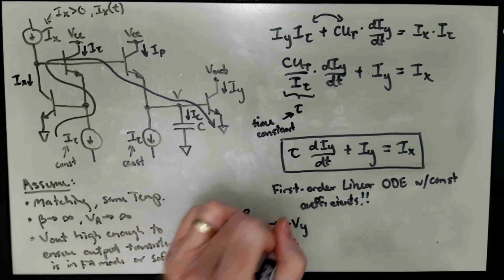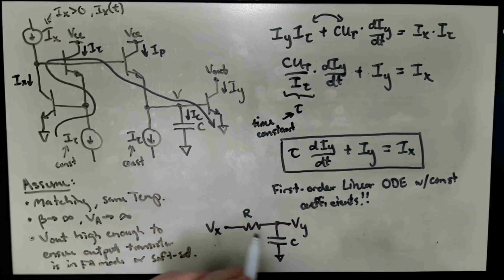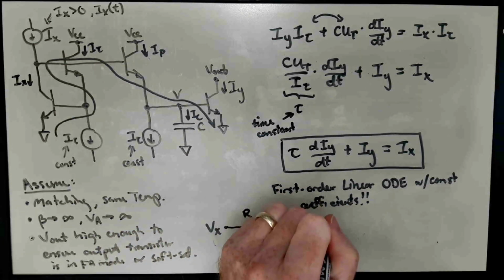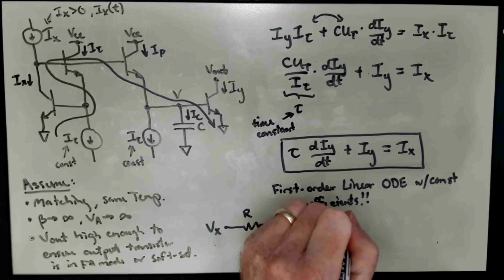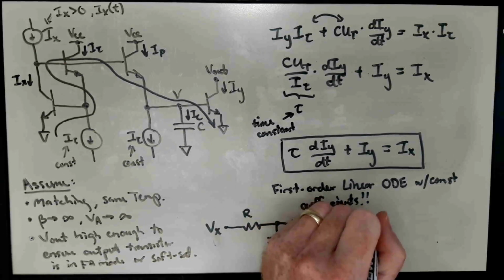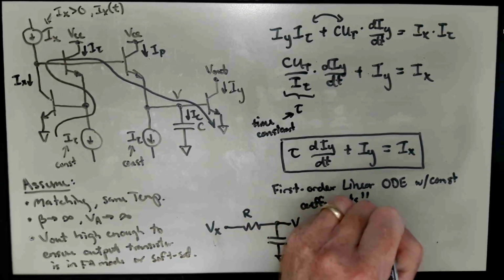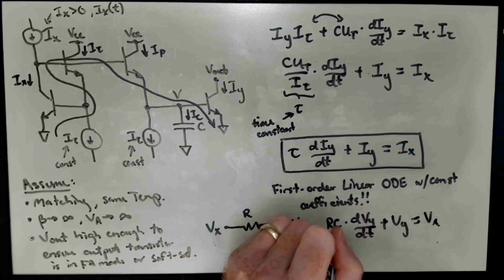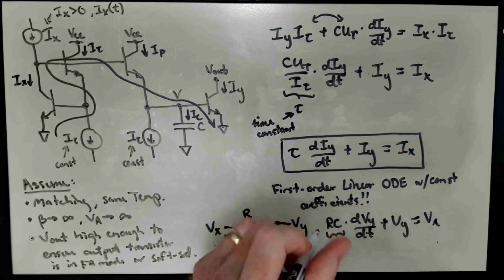If I were to do the KCL and write down the ODE I would get RC times dvy dt plus vy equals vx, and this would be tau, the time constant.